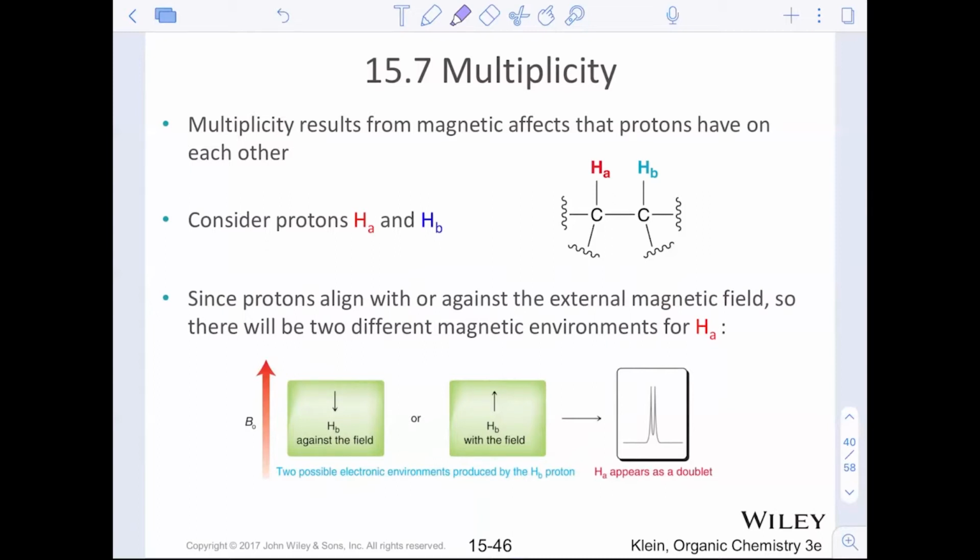There's options. And so with HA, what happens is HB will affect its peak. So multiplicity results from neighboring protons acting on each other.